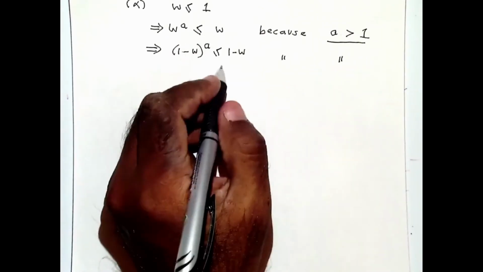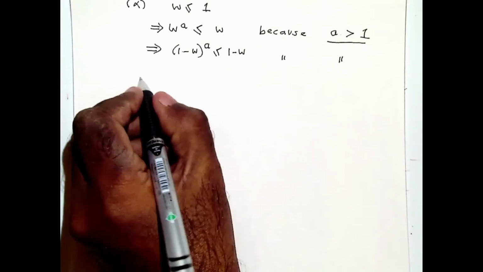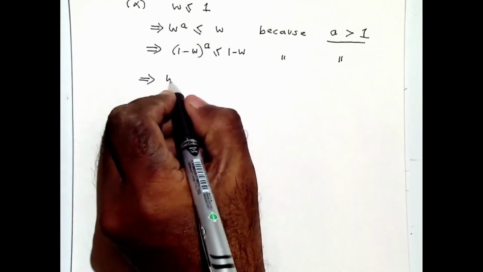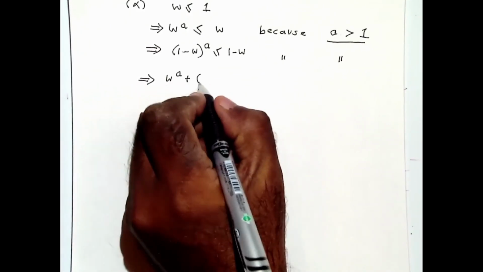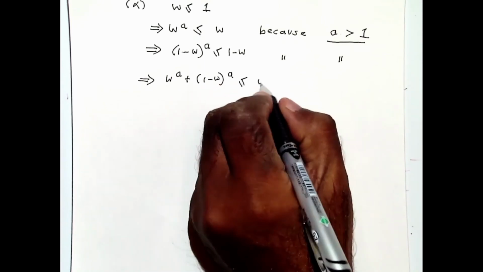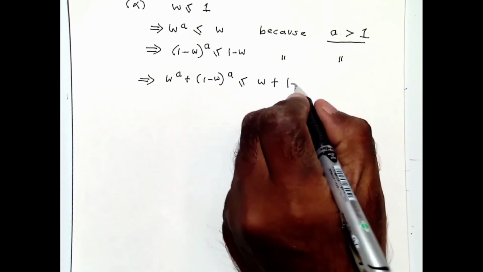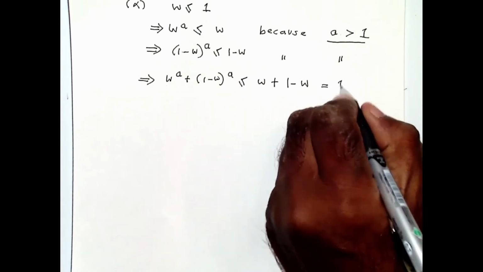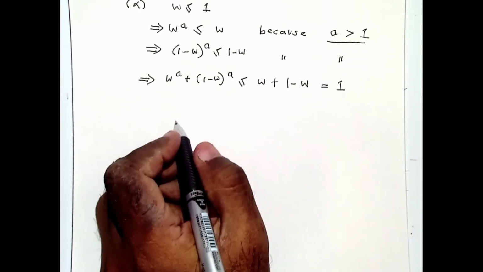Now summing these two, you sum these inequalities, you get w power a plus 1 minus w power a is less than or equal to w plus 1 minus w, which is equal to 1, right?